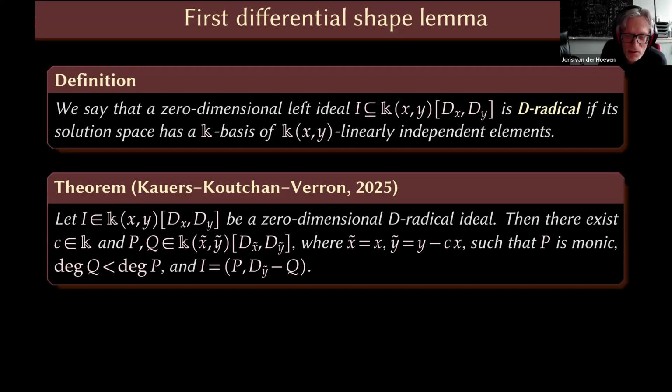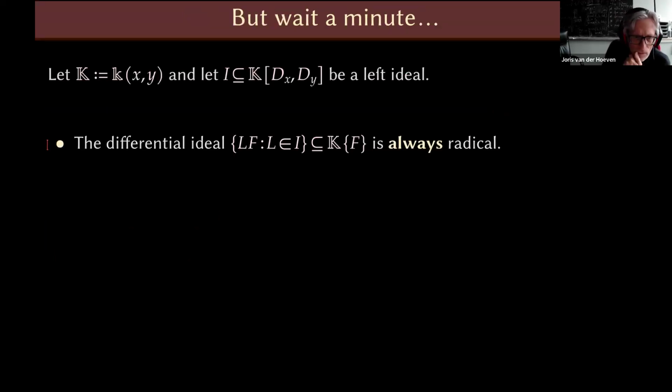They need this radicality to get the shape lemma. But in the differential setting, in fact, if you look at linear differential ideals from a differential algebra perspective, then actually all linear differential ideals are radical.